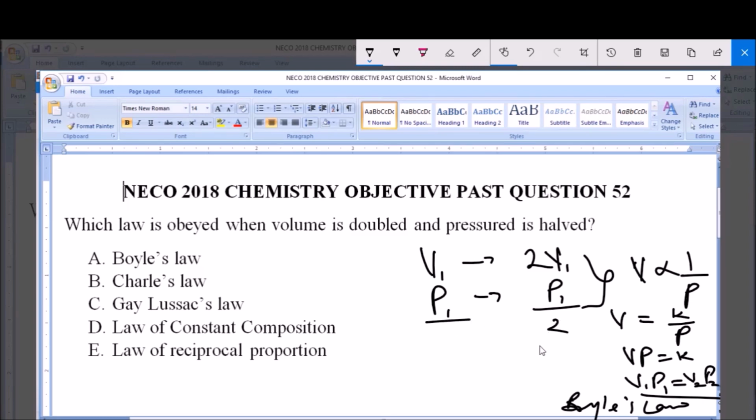And if you look at this, you'll notice that because of this inverse proportion, the volume was increased by doubling it, so there will be a decrease in the pressure by half. So this statement is Boyle's law.